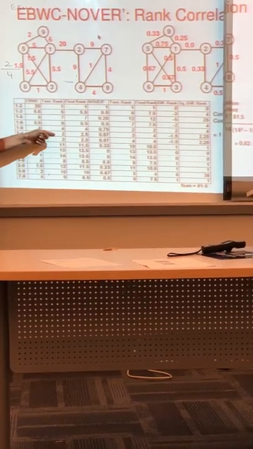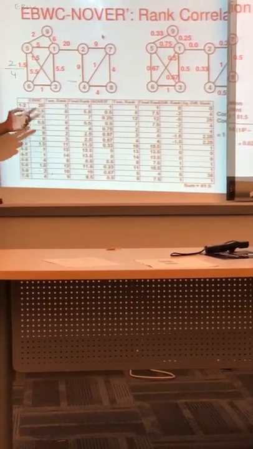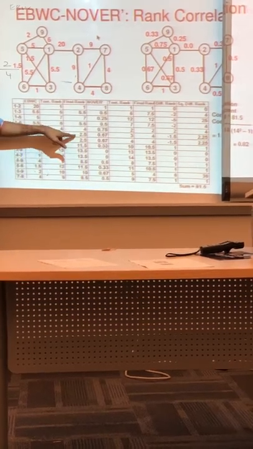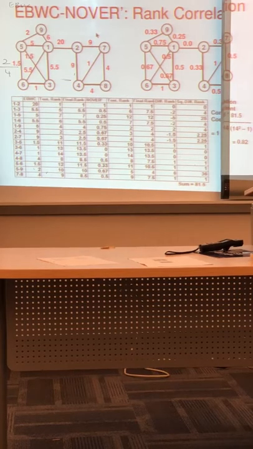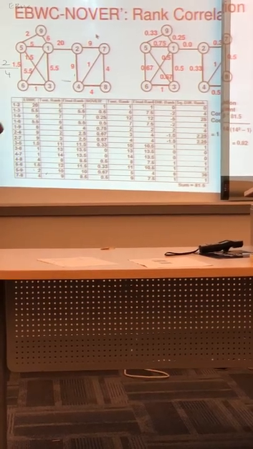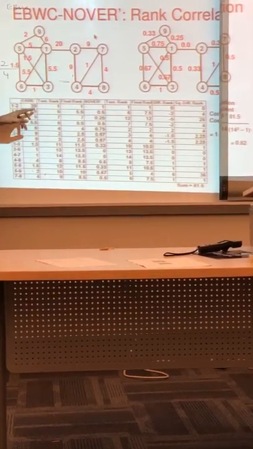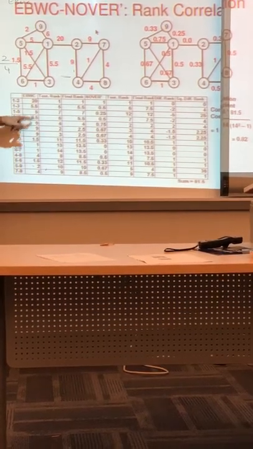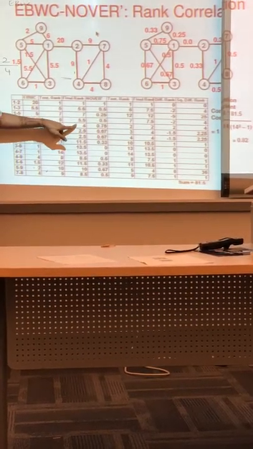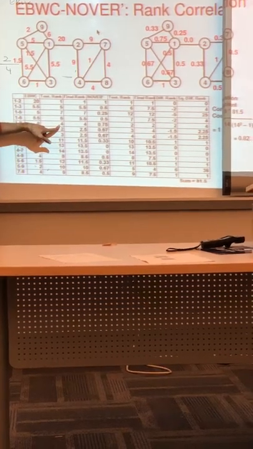So it's 2 plus 3 over 2, which is 2.5. Both edges will get a final rank of 2.5. That's the key thing you have to understand. The next largest value is 6. There's no other edge with value 6, so the final rank is the same as the tentative rank, 4.